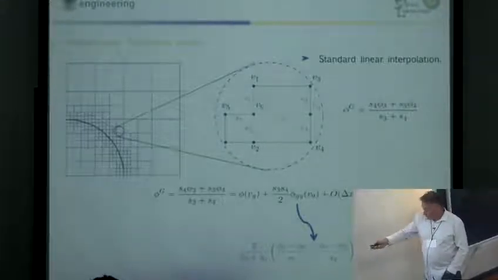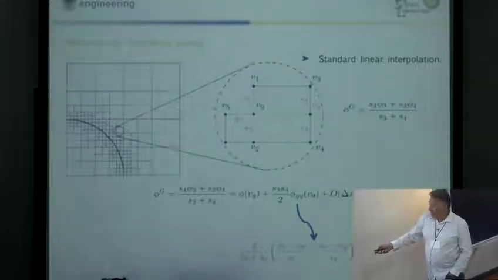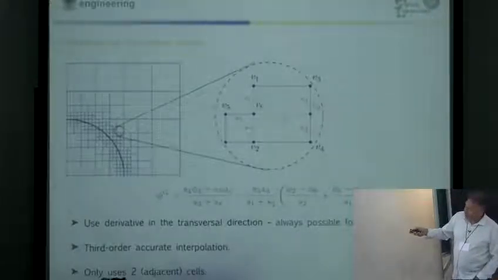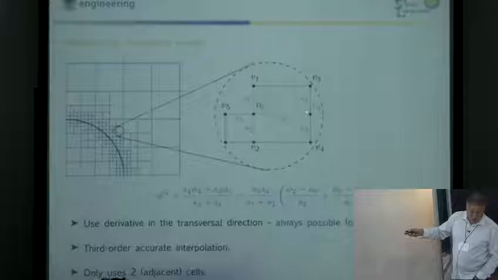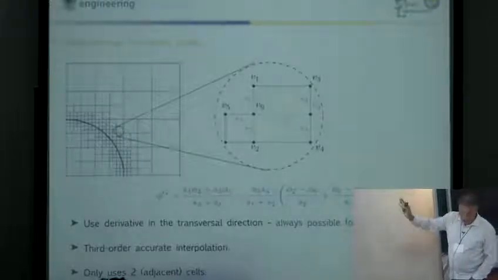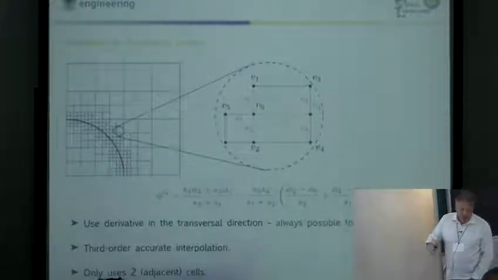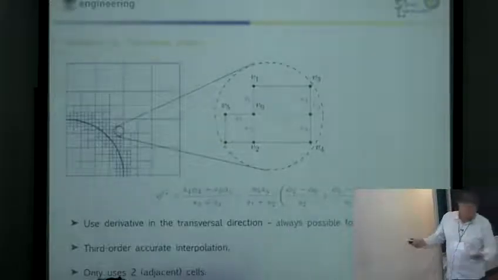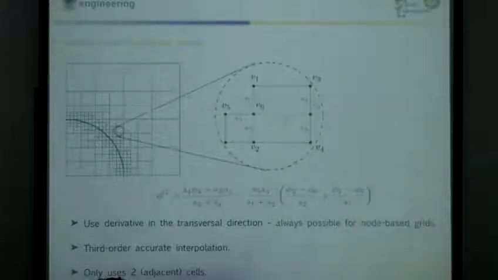And so you can approximate this term like this, and at the end of the day, that's how you define your ghost point. If you define the ghost point like this, then you have an approximation that is third order. And then you can use any kind of scheme, central differencing, upwind, etc., as if the grid was uniform, and you get solutions that are second order accurate because of that.